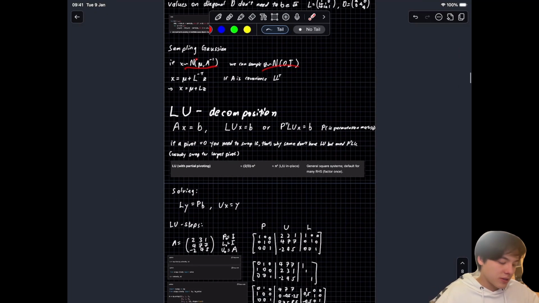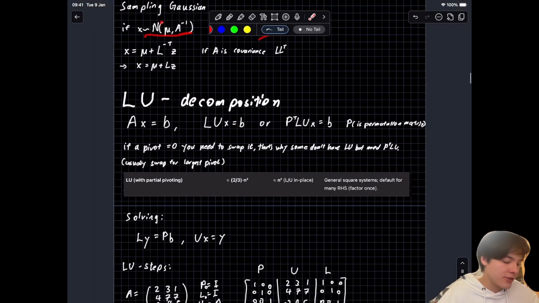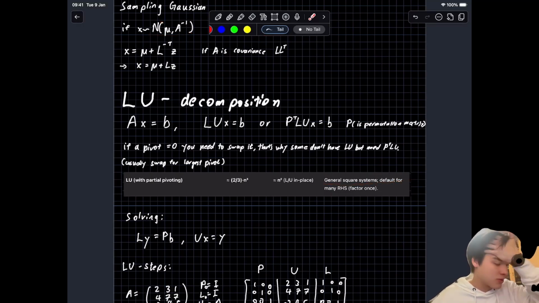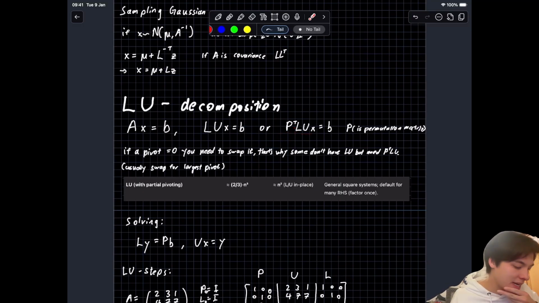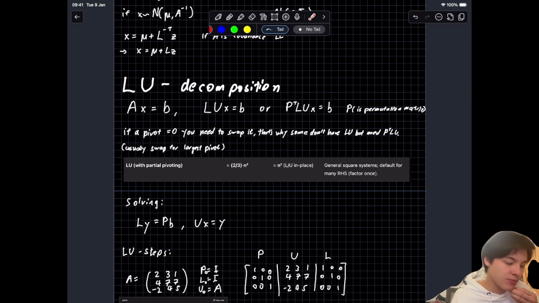So now let's go to the next one, which is LU decomposition. It works for general square matrices. It doesn't need to be symmetric. A would be LU, or PLU in the general case. P is just a permutation. So we have a lower triangle and an upper triangle.